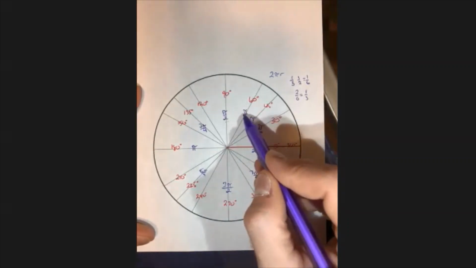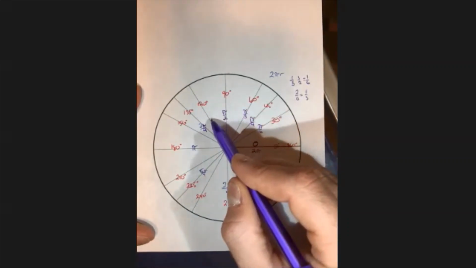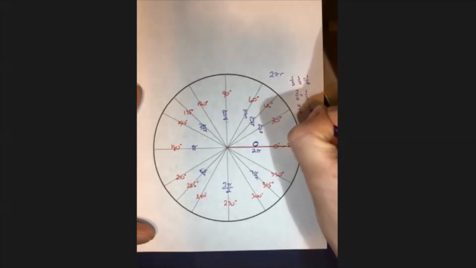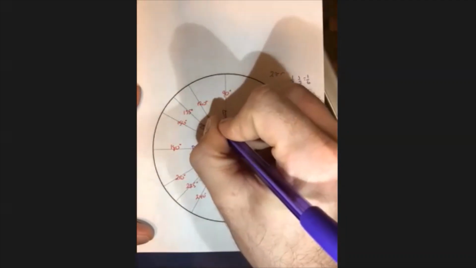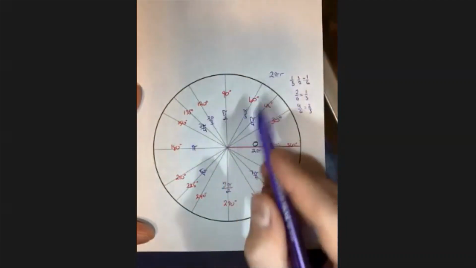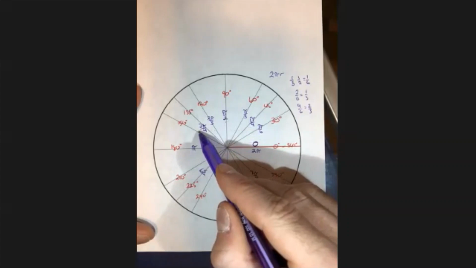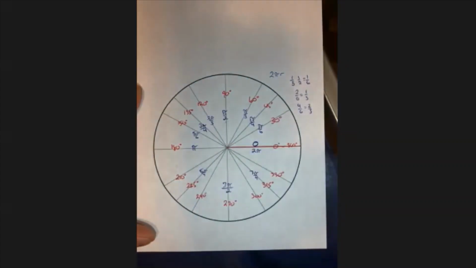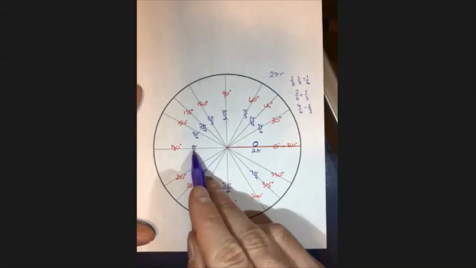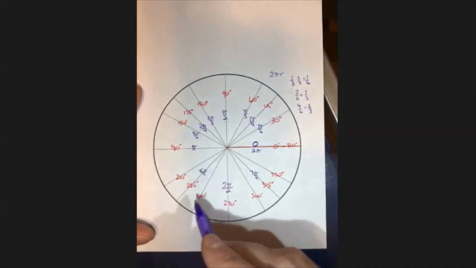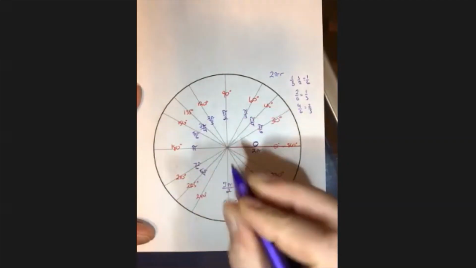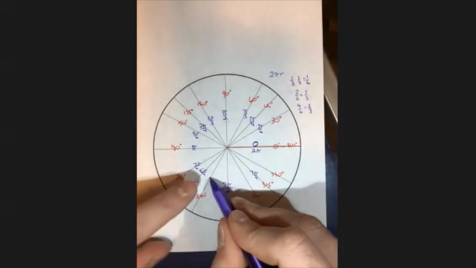So 1, 2, 3, 4 pi over 6. Doesn't 4 over 6 reduce? Yep. 4 pi over 6, 5 pi over 6. That doesn't reduce. 6 pi over 6 is 1. 7 pi over 6. 8 pi over 6.